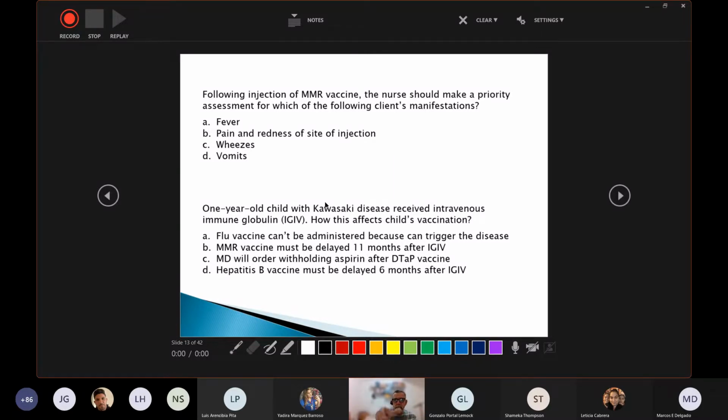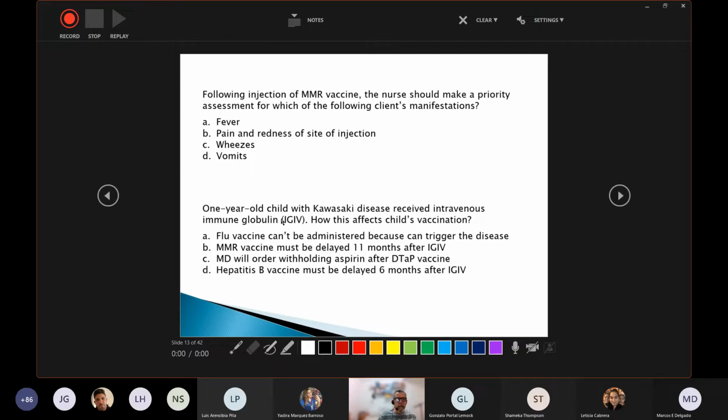Aspirin is given for some period of time and then it is continued. But Kawasaki is also treated with IV immune globulin. The question says that the client is receiving IV immune globulin, not aspirin. You accept the question as it is coming. The issue is that the client is receiving IV immune globulin.